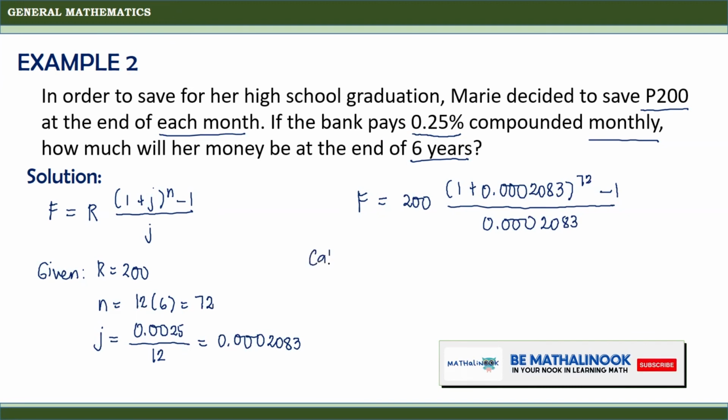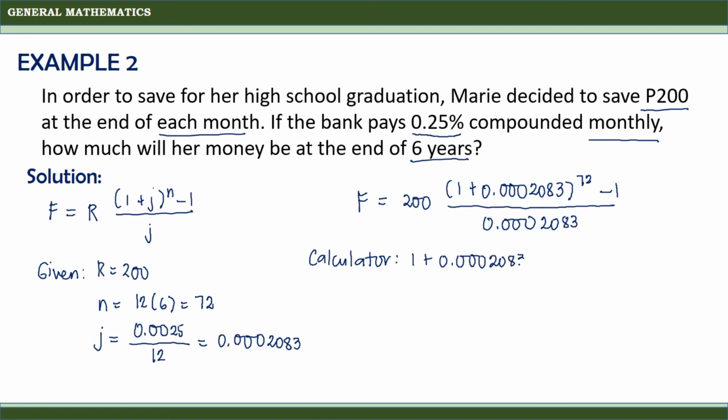To input this on our calculators, you need to key in the following: 1 plus 0.0002083, then equal sign, then raised to 72, then another equal sign, then minus 1, equal sign, then divided by 0.0002083, then equal sign, then times 200, then finally equal sign.